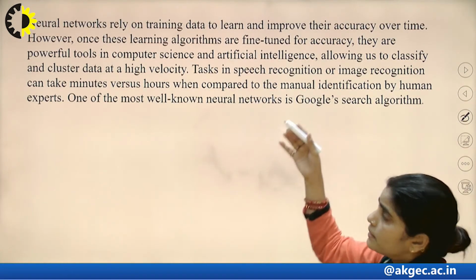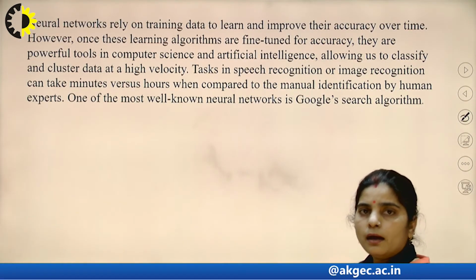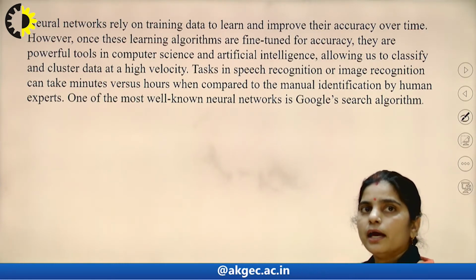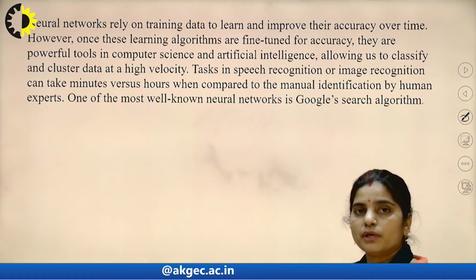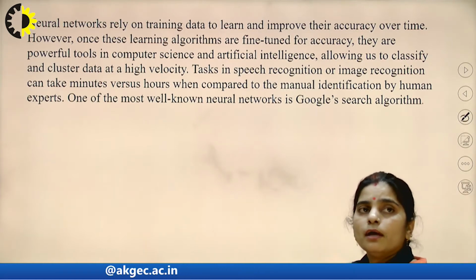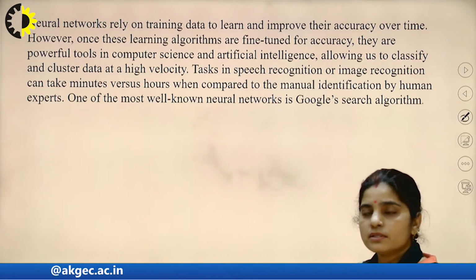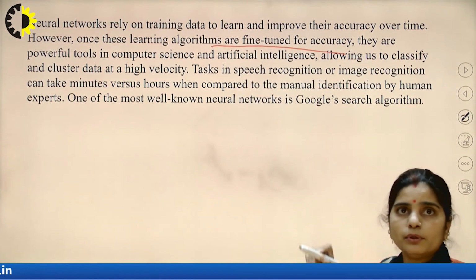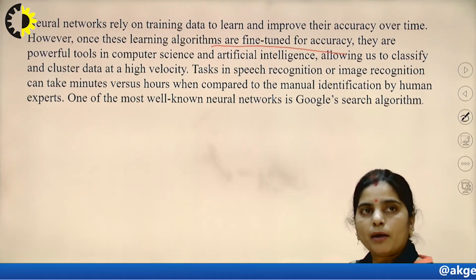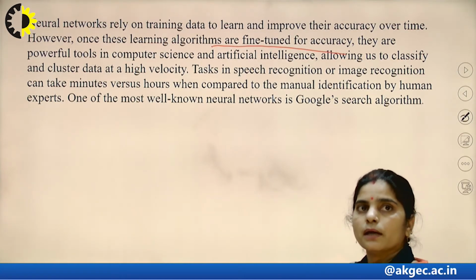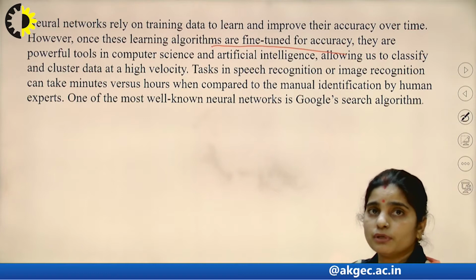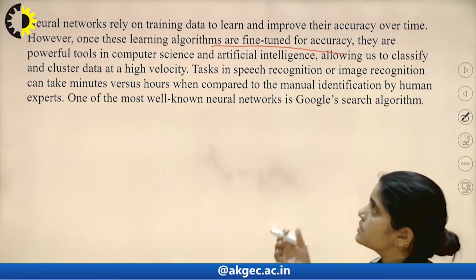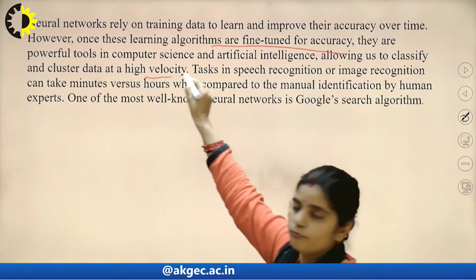Now, neural networks rely on training data, which is used to learn and to improve accuracy over time. Once these learning algorithms are fine-tuned for accuracy, they become powerful tools in computer science and artificial intelligence, and they can classify and cluster data at a very high velocity.